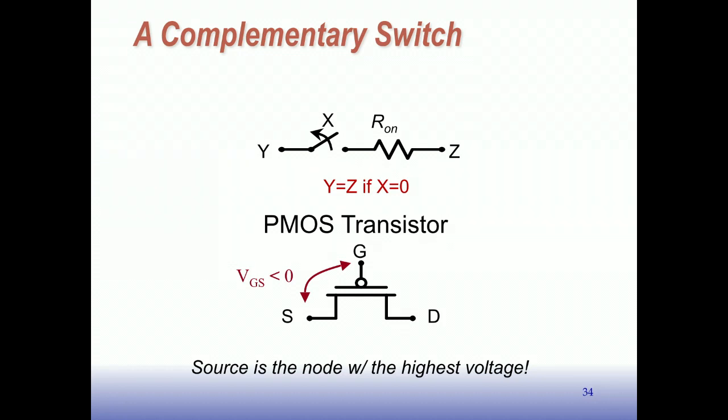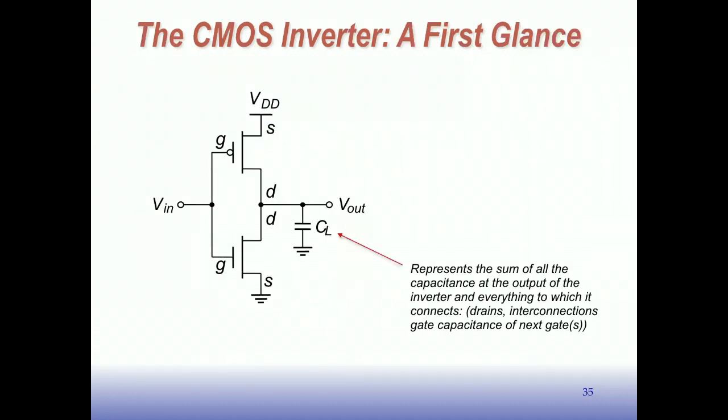Okay, so we can use these two devices, N transistor and P transistor, to make first an inverter, our first kind of CMOS logic circuit. We use an NFET or NMOS transistor here and a PMOS transistor here, connected in this configuration. The gates are connected together. The drains are connected together. The source of the NFET connects to ground, and the source of the PFET connects to VDD.